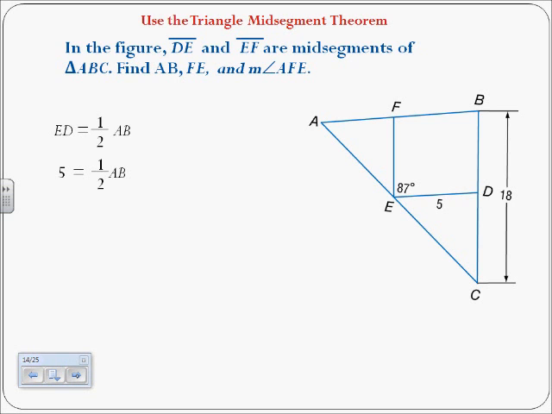That means that 5 is equal to half of AB, and AB then has to be 10. Multiplying by 2 over 1 reciprocal on both sides, we have AB equal 10. Also, we know that FE has to be half of BC, which means that FE is equal to half of 18, which leaves us with FE is equal to 9.